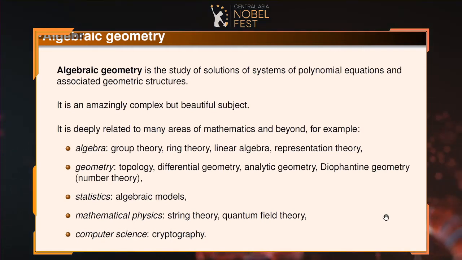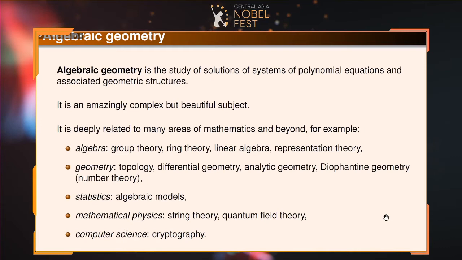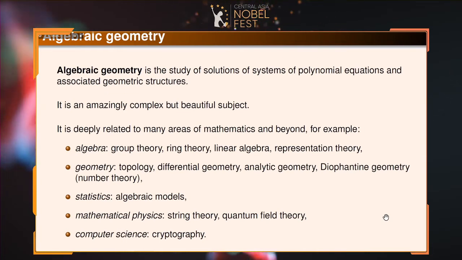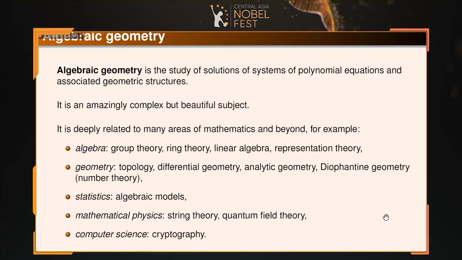The subject is related to many areas of mathematics and also beyond mathematics. Just as some examples here, it is related to all kinds of algebra. For example, group theory, ring theory, linear algebra, representation theory, and so on. And it's also related to all other kinds of geometry that I talked about in the previous slide.